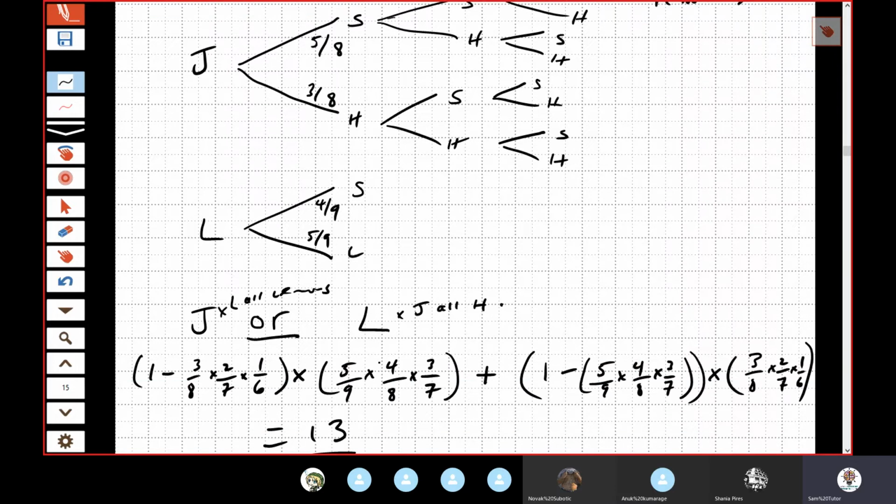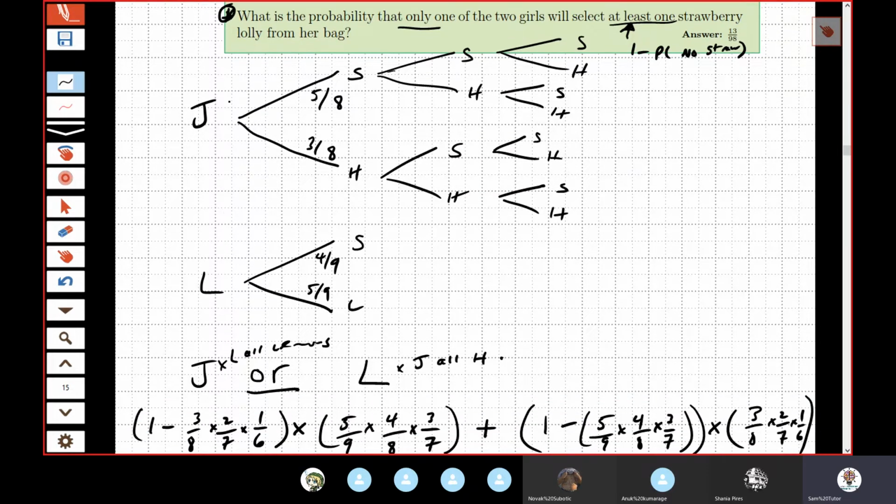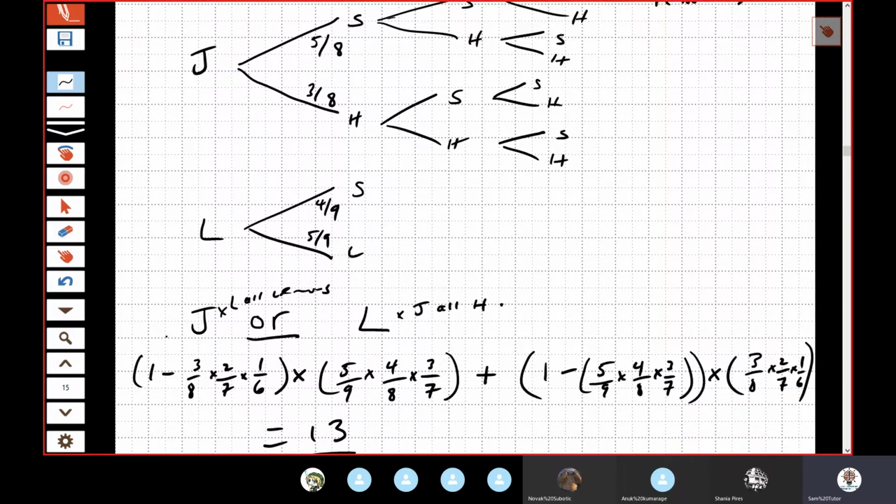And there's the math. Just what you got to remember is that at least one meant 1 minus, so you would put that into your memory bank, and then the only one, you got to think about it the way we just said it. If that means Jane can be the only one getting the strawberries, then Laura has to get lemons. So 1 minus honey, so 3 over 8, 2 over 7, 1 over 6, because you're not replacing, times this girl's got to get lemon.